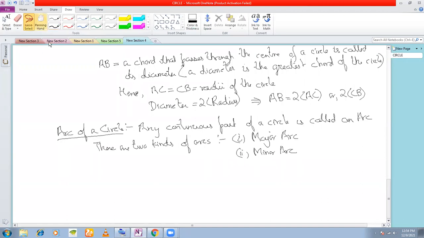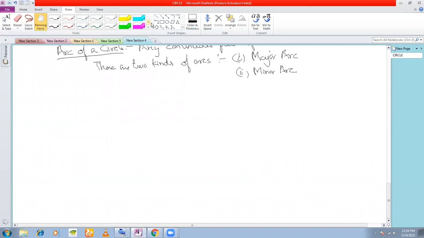Now, what do you mean by the major and the minor arc? In general, what does an arc of a circle mean? Suppose I have this circle with center C, and I take two points A and B on the circle. Then this curved part will have a certain length.